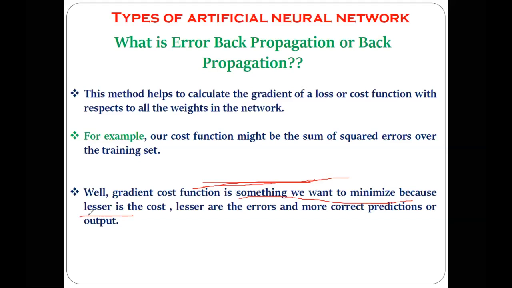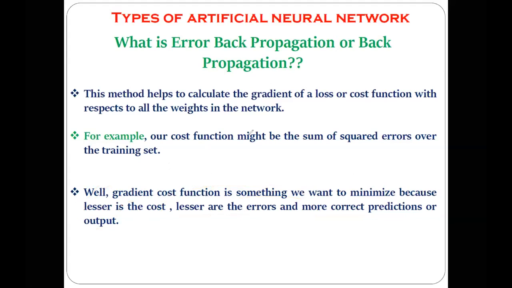When we minimize this error, we can also refer to it as less cost. Understood? So the lesser the error or the lesser the cost, the more correct is the prediction or the output.